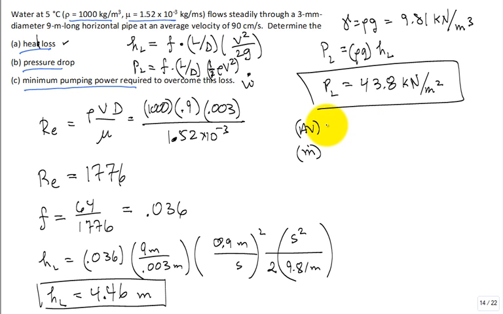So if you calculate the volumetric flow rate, it's pi d squared, 0.003 squared divided by 4, times the speed, 0.90 meters per second. So what do we get for a volumetric flow rate?